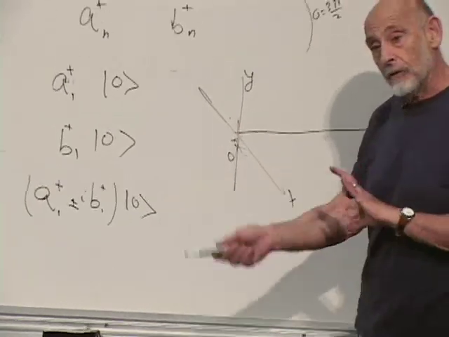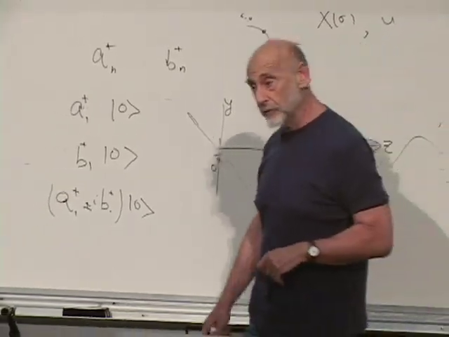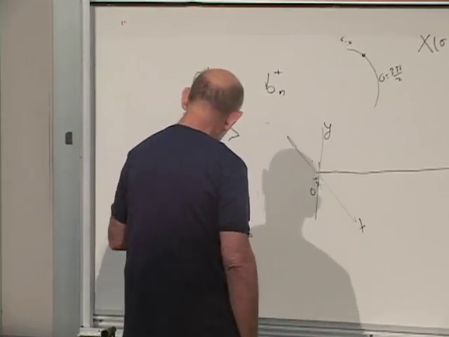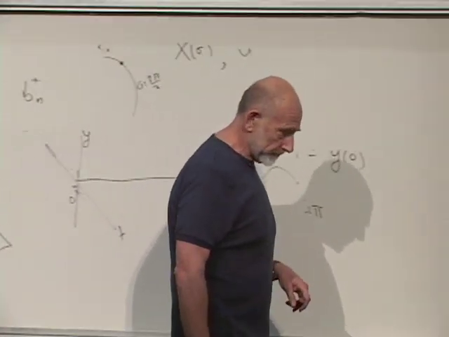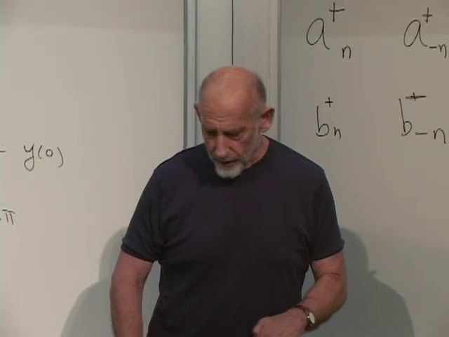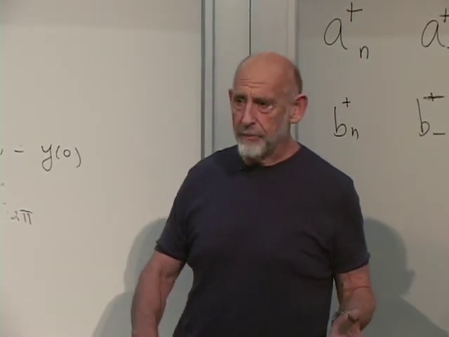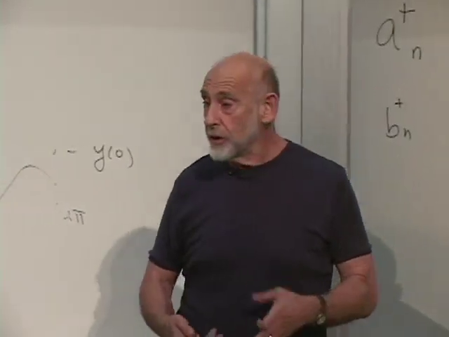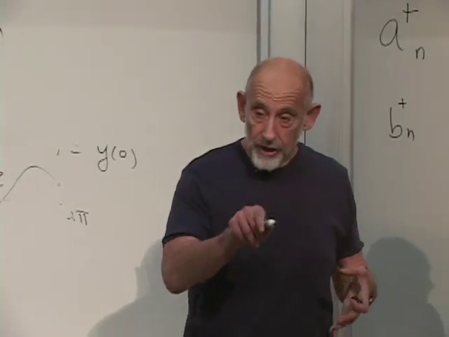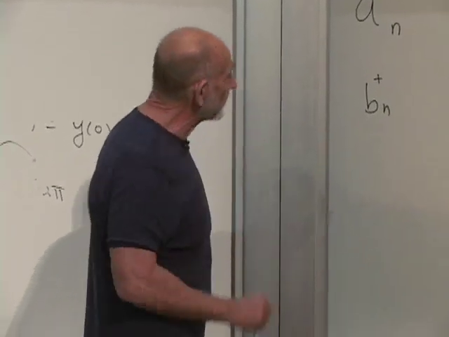With the I, it corresponds to circular polarization. Okay, we'll just keep that in mind. A plus IB and A minus IB create units of plus angular momentum and minus angular momentum.